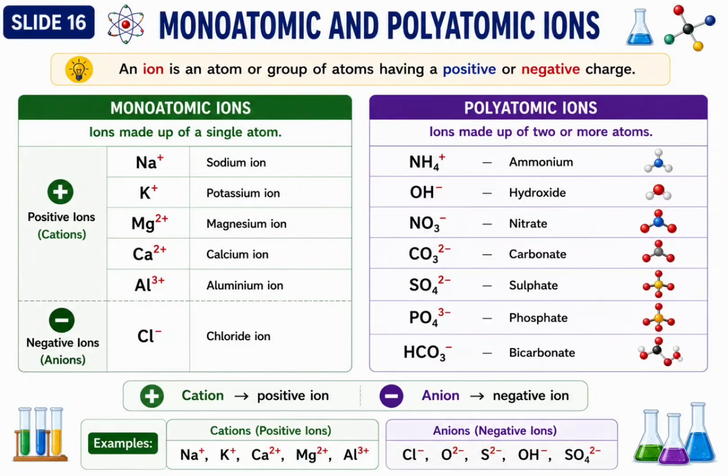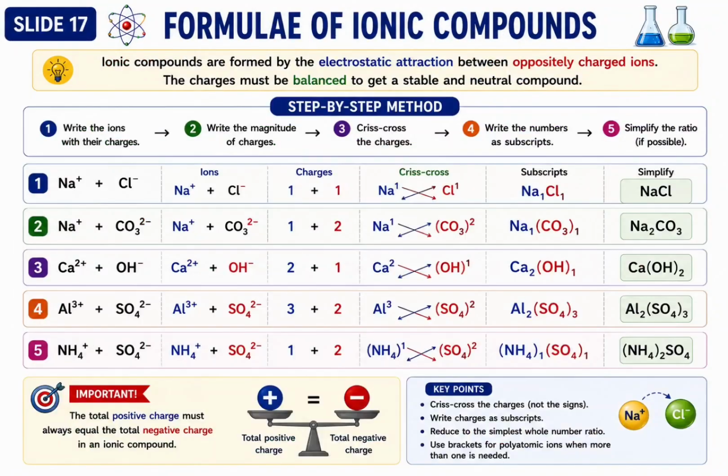One player alone is like a monoatomic ion, and several players working together as one team are like a polyatomic ion. So remember: one atom, monoatomic; group of atoms, polyatomic. That's it. Now let's combine ions.